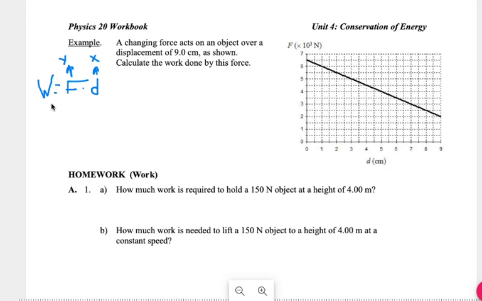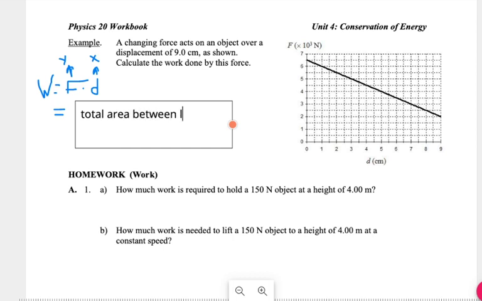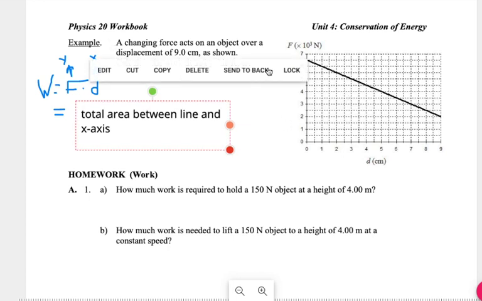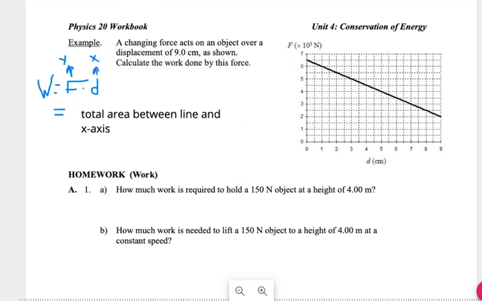So if we're trying to determine the work, we need to find the total area under this line, the total area between the line and the x-axis. So what that looks like, we're looking for the area underneath this line all the way to our x-axis.